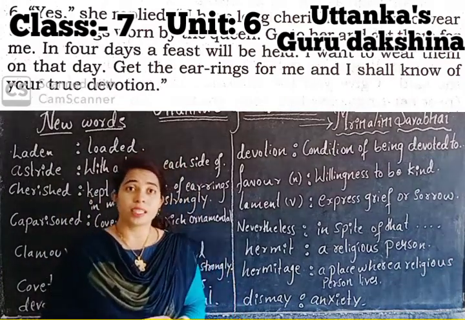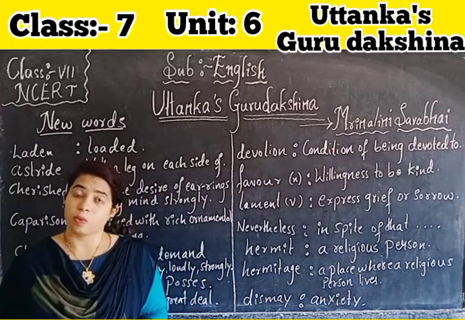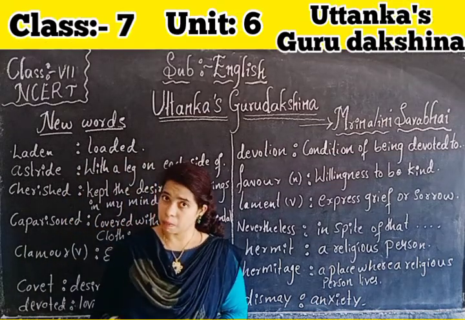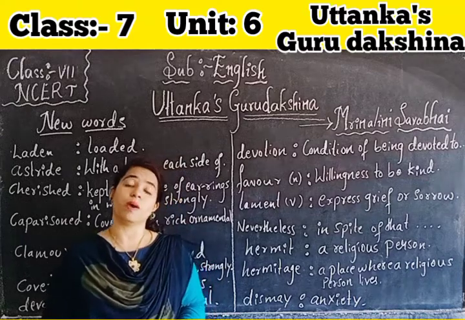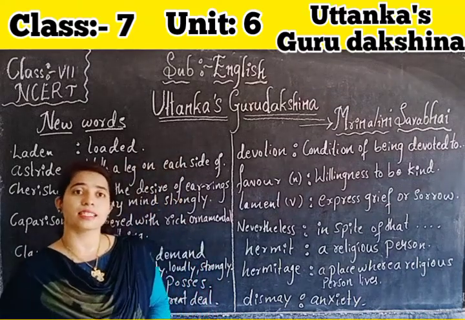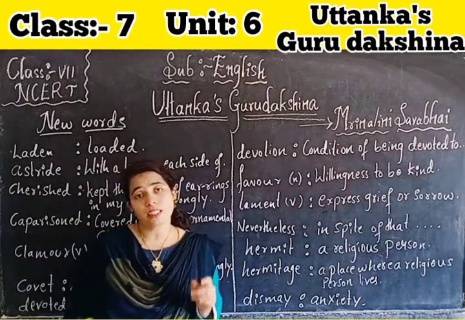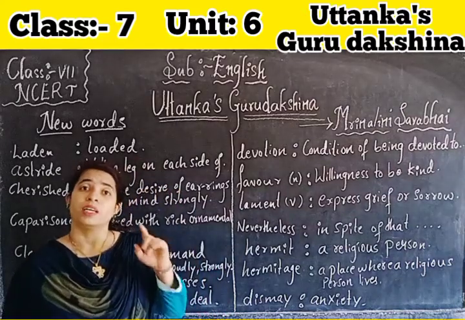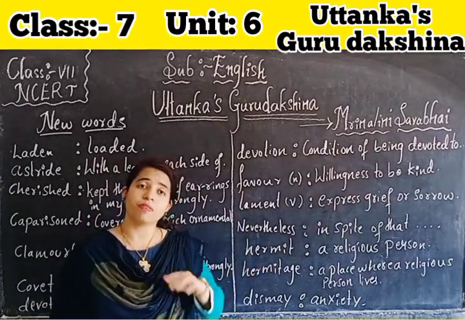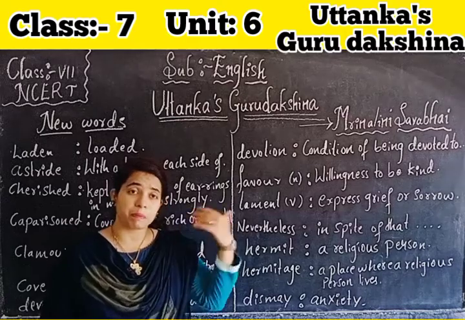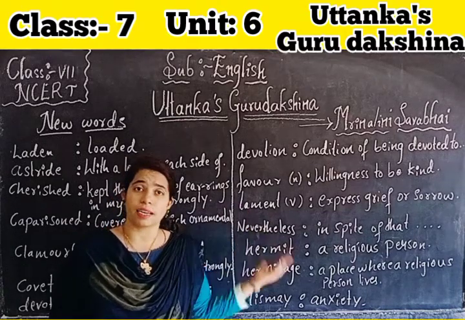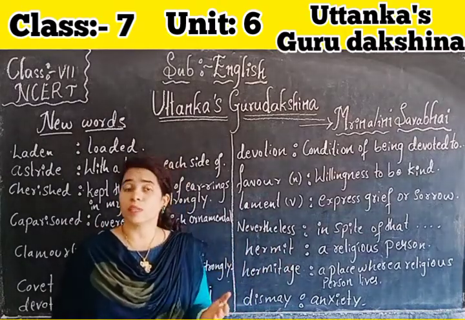What did the mistress do? She replied, "Yes, I have a desire." What was her desire? Her desire was to wear the earrings of the queen of that particular area. In previous days, queens and kings ruled over the kingdom.